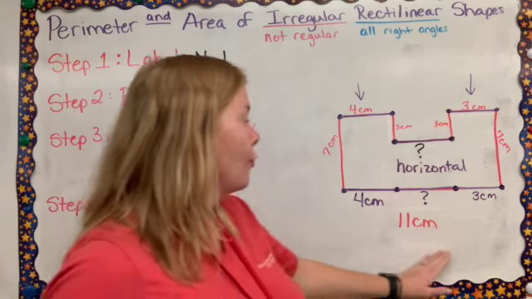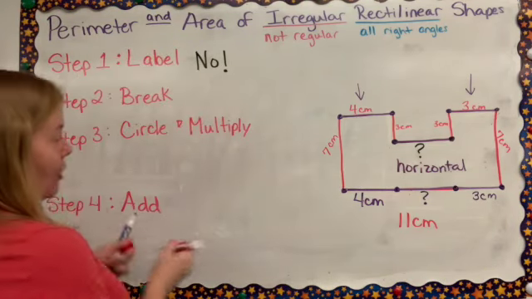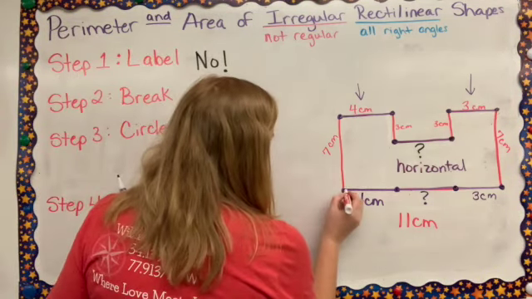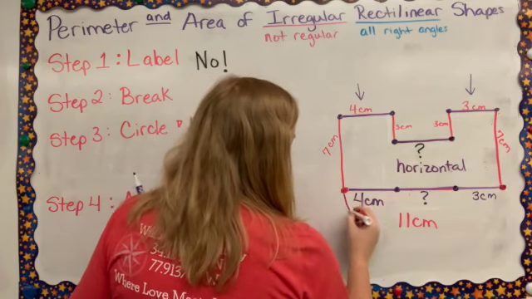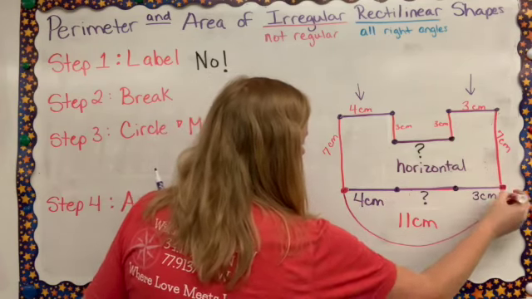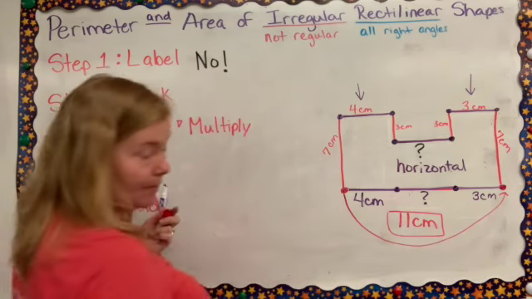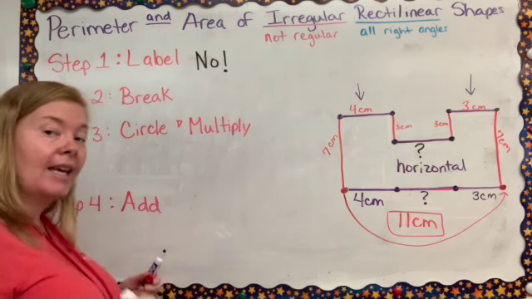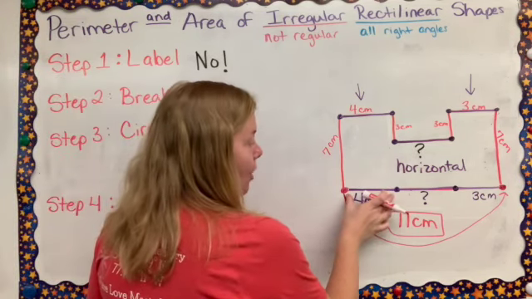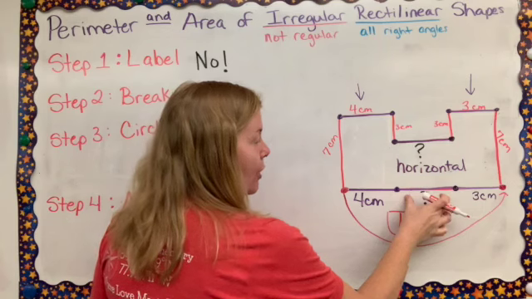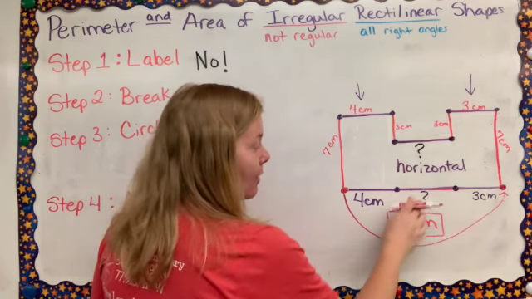This whole thing is 11, all the way from this dot right here to this dot, all the way across, because that's the measurement that we were given in the beginning. So the whole thing is 11. This part is 4. This part we don't know. And this part is 3. How are we going to figure out what this missing part is?